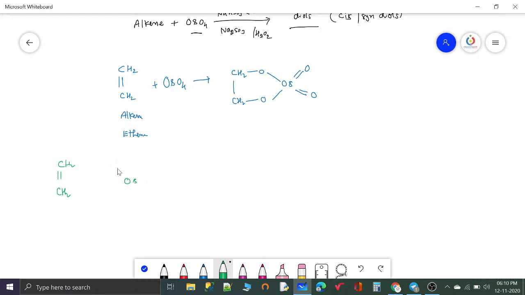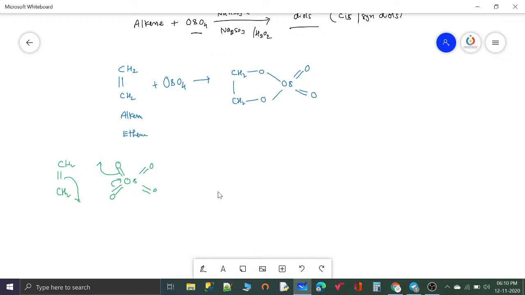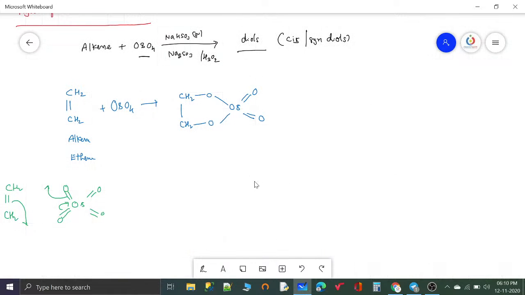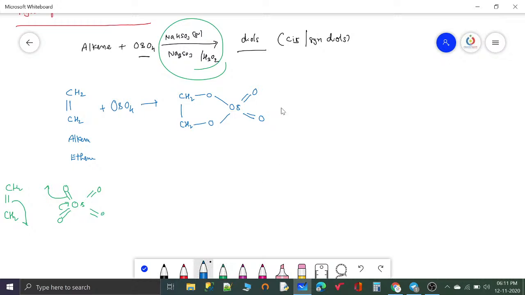Osmium tetroxide has a shape like this. If this bond shifts over here, this bond will shift over here, and these electrons will go back to the osmium, giving this cyclic intermediate compound. This cyclic intermediate on reaction with any of these reagents, say H2O2, gives CH2OH-CH2OH. It is ethylene glycol.